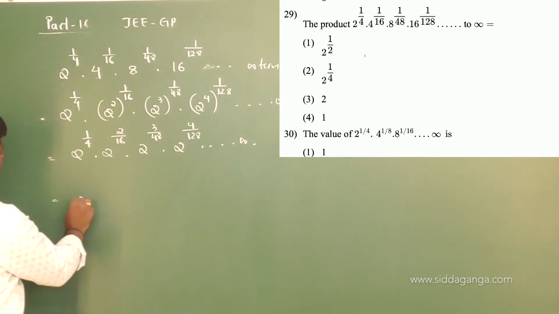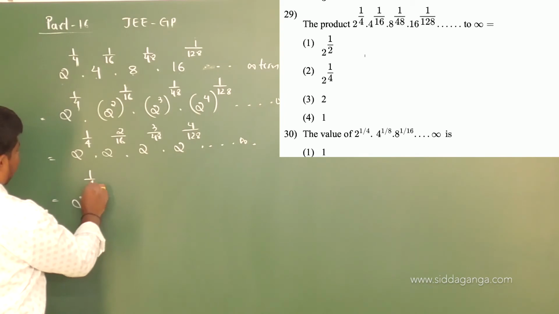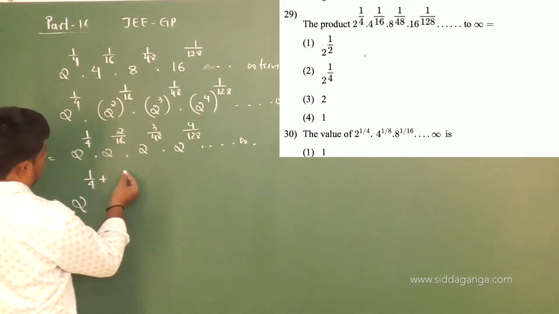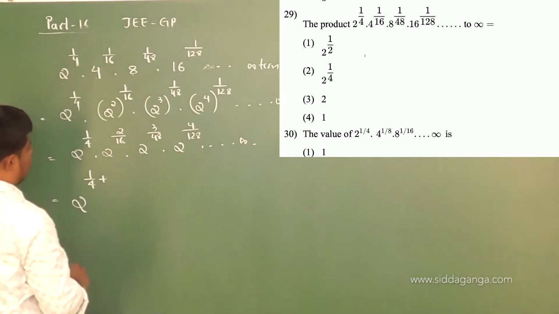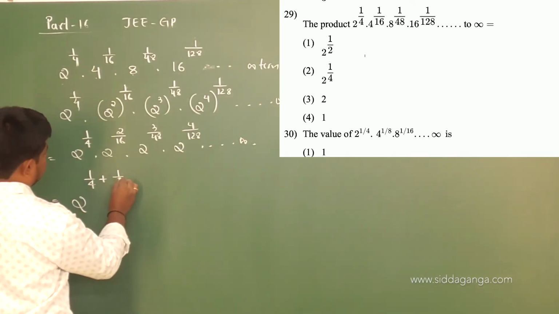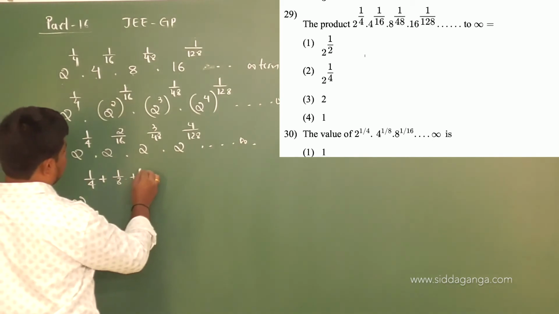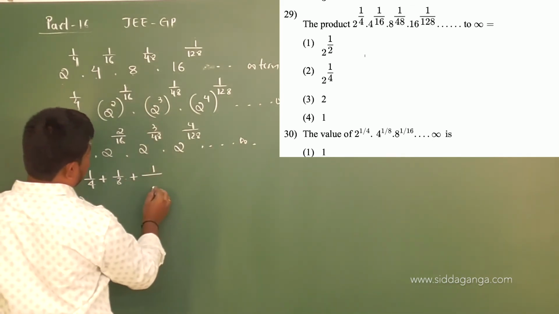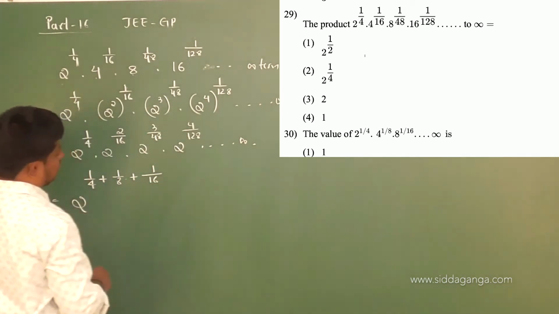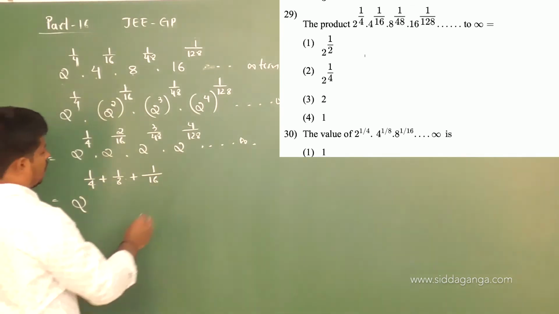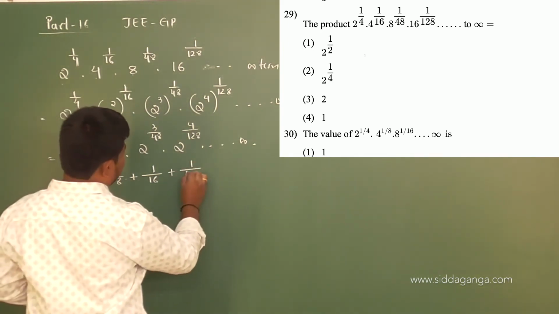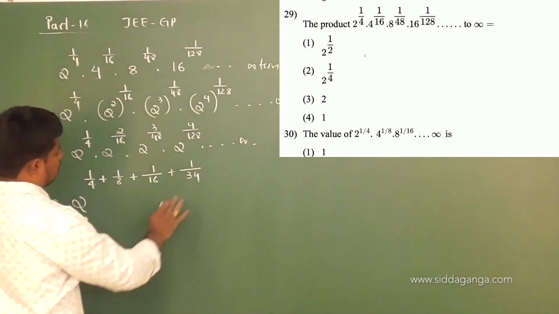Now this is for 2 power of 1/4 plus, I can write this one as 1/8, right? And this can be written as 1/16, plus 1/32.